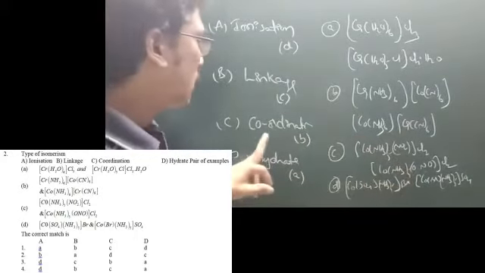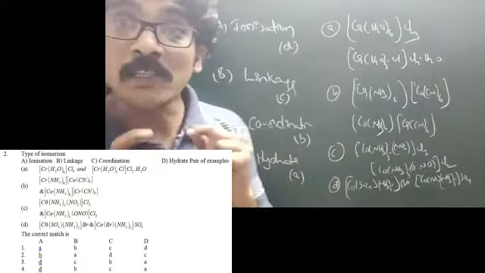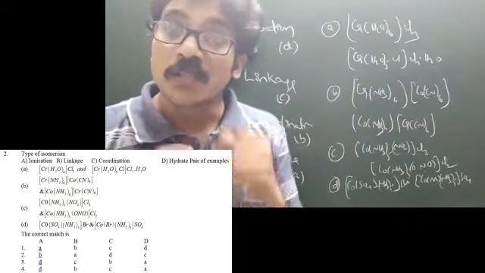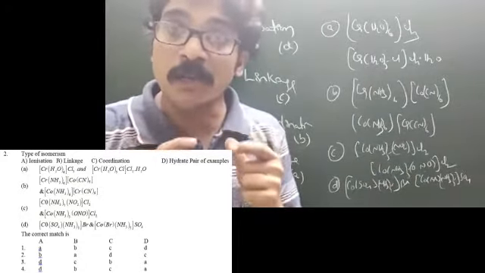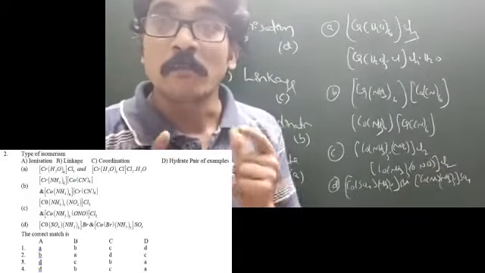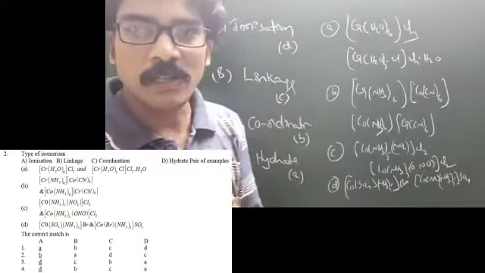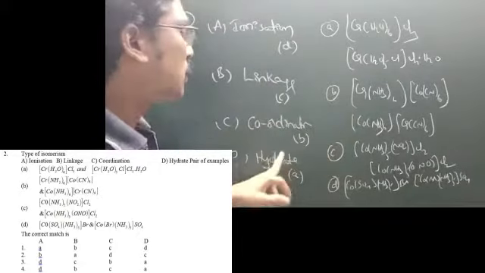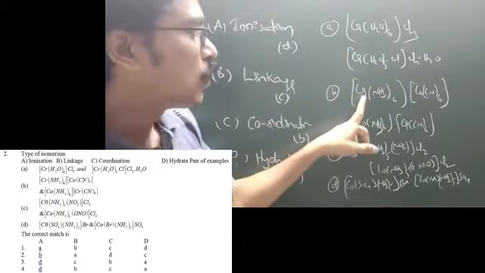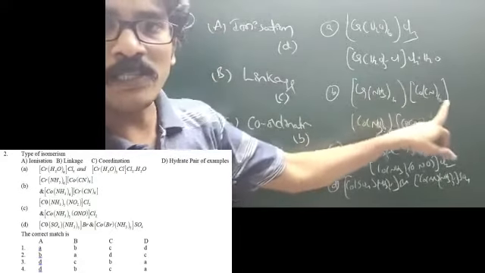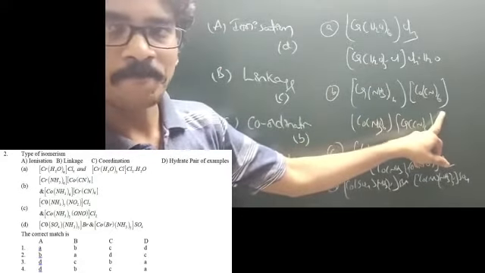That is the third one, coordination. Complex compounds having the same molecular formula, but the coordination pair changes, are called coordination isomers. Let's look at the second complex: chromium is a cationic complex, cobalt is an anionic complex.